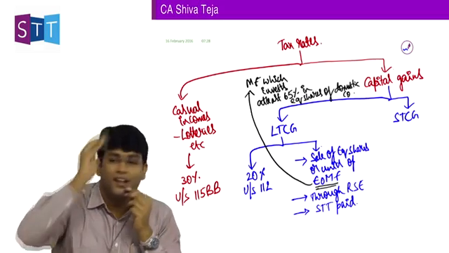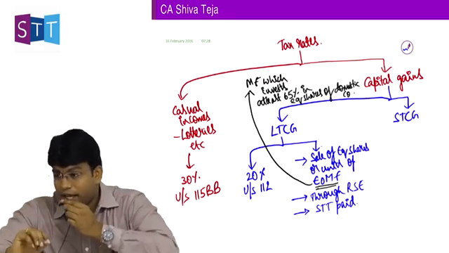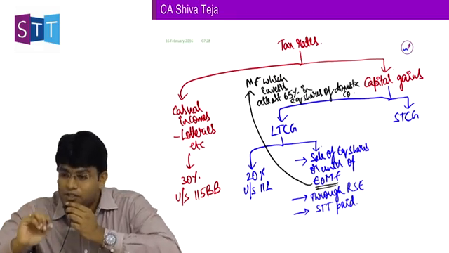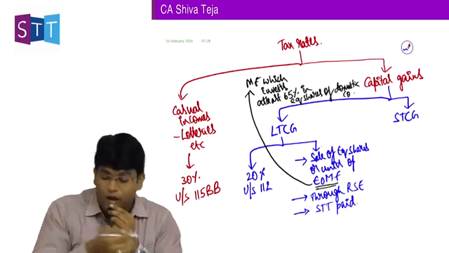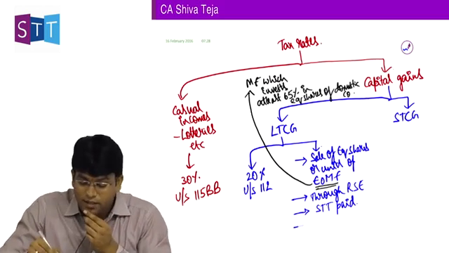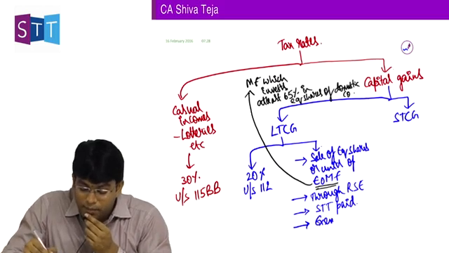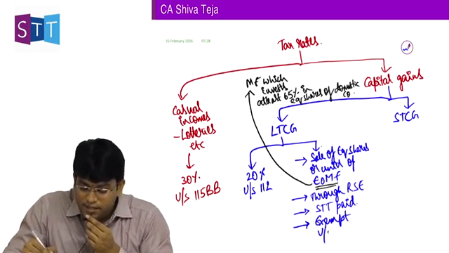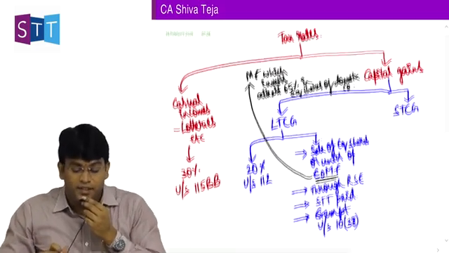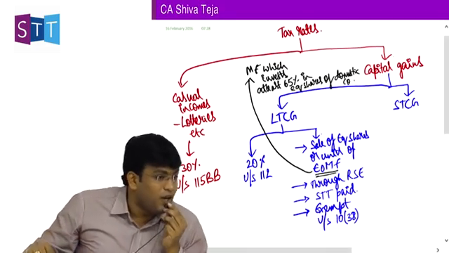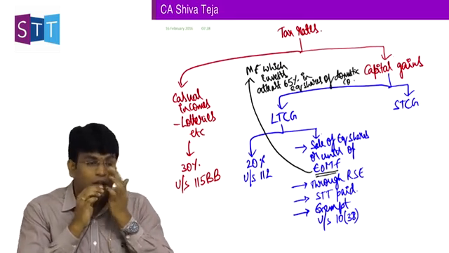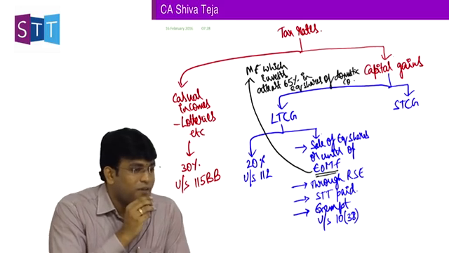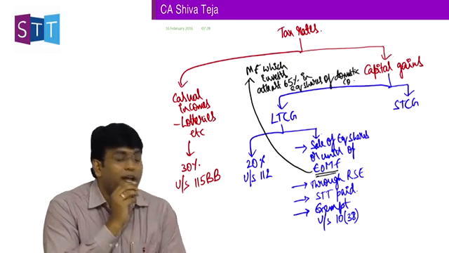Getting it, friends? Everyone? So long-term capital gain on sale of equity shares or units of equity-oriented mutual fund through a recognized stock exchange on which STT is paid is, my dear friends, exempt under section 10(38). There is one section, section 10(38), which says that long-term capital gain on sale of equity shares or units of equity-oriented mutual fund through a recognized stock exchange on which STT is paid is exempt.